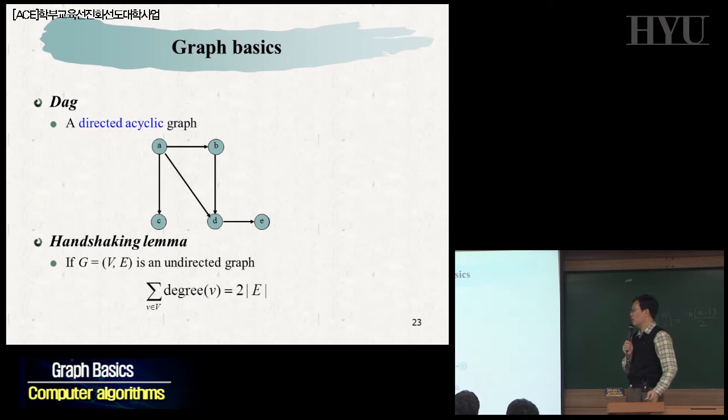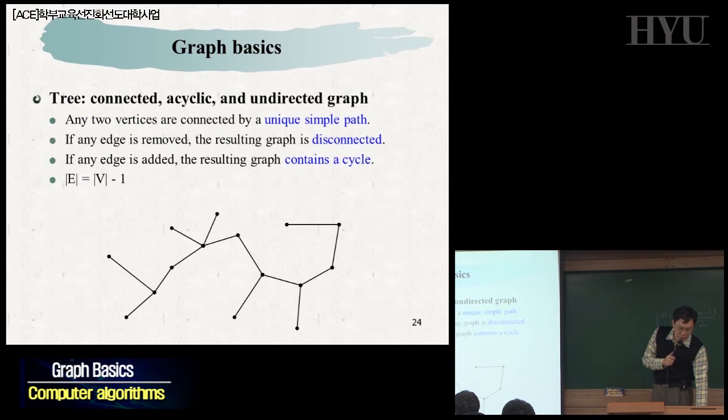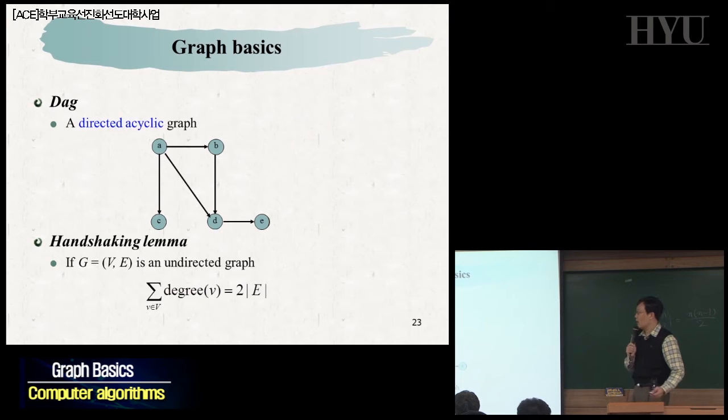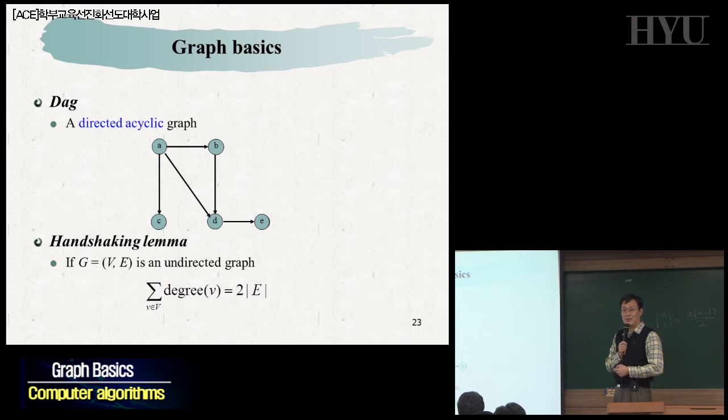Okay, then a DAG. A DAG is a directed acyclic graph. So it is a directed graph without cycles. Look at this. It's not a DAG because it has a cycle. Right?